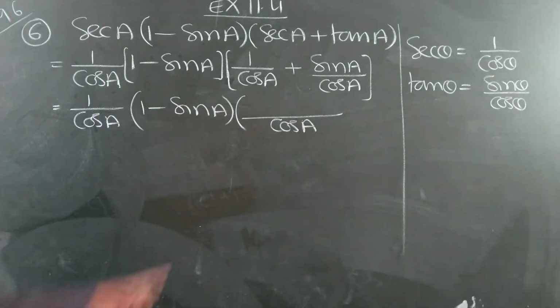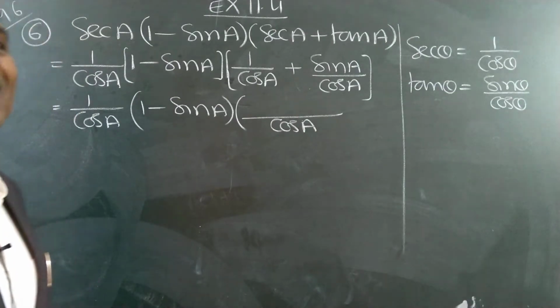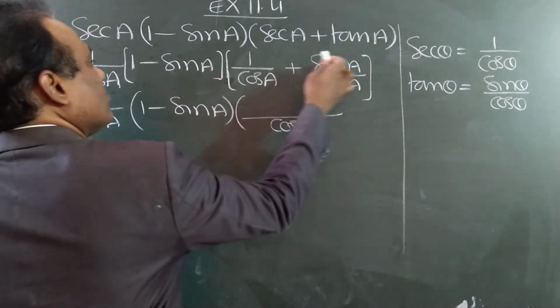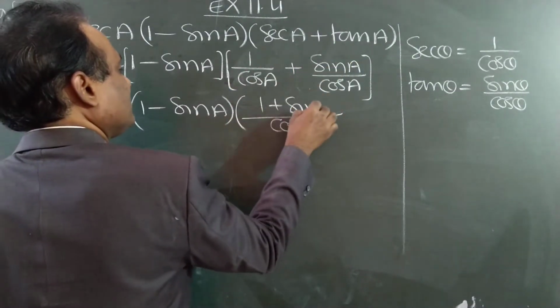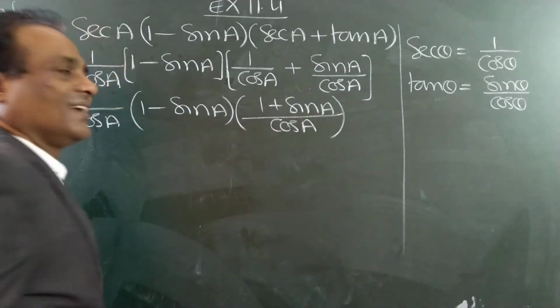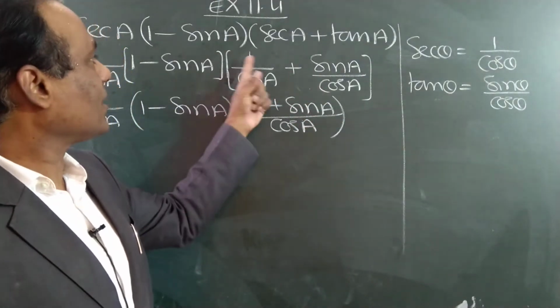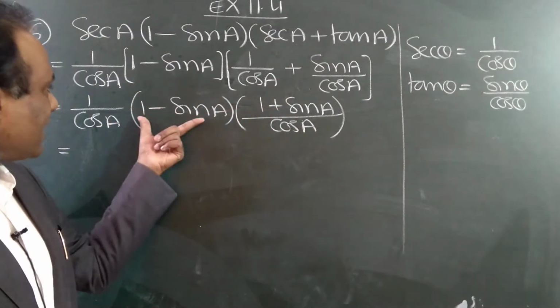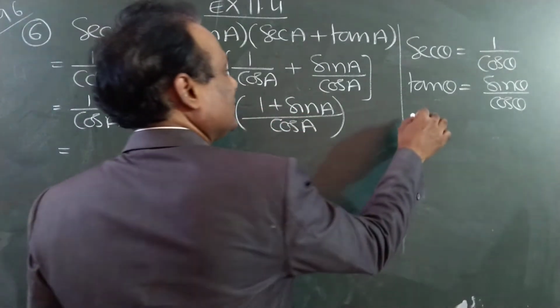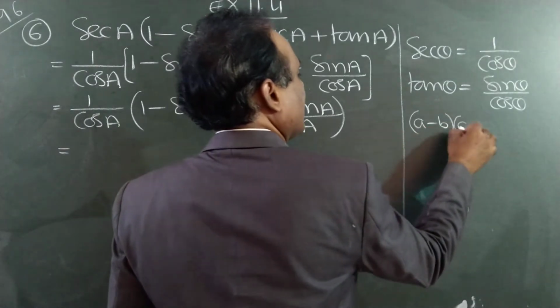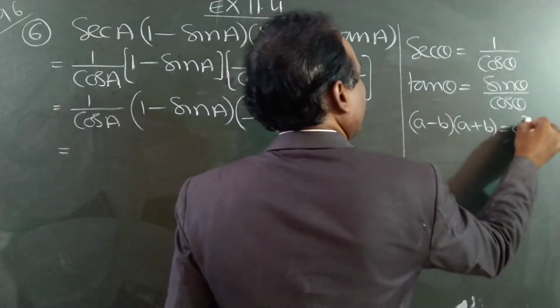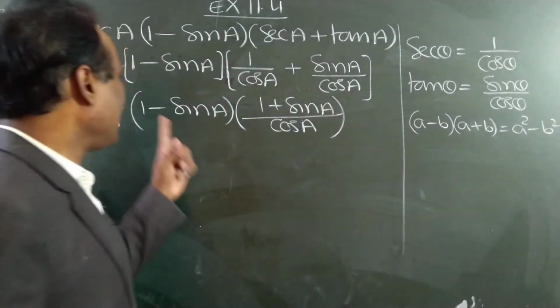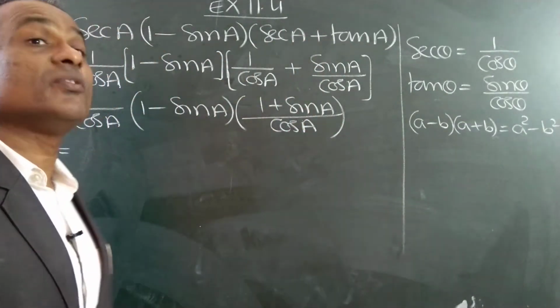Cos A. What is the numerator? 1 plus sin A. Cos A is the LCM, 1 plus sin A. Now, A minus B into A plus B is A square minus B square.